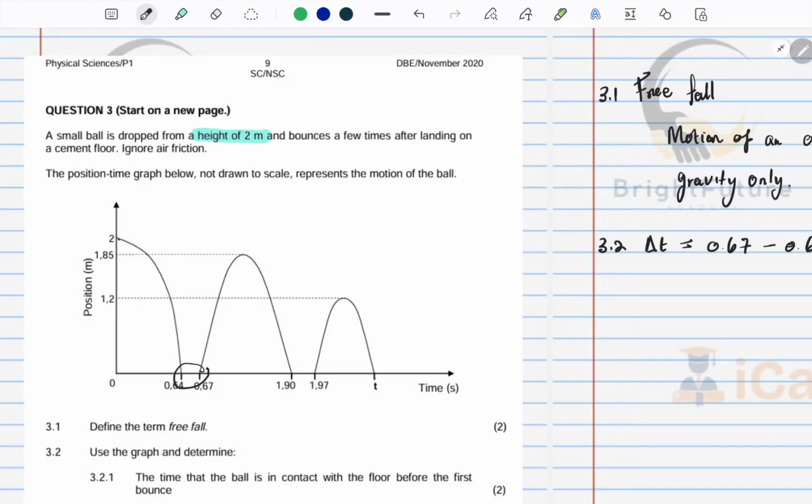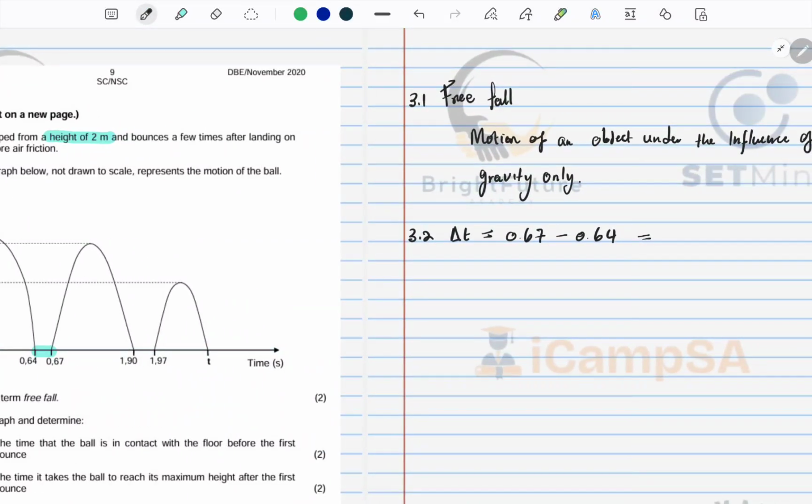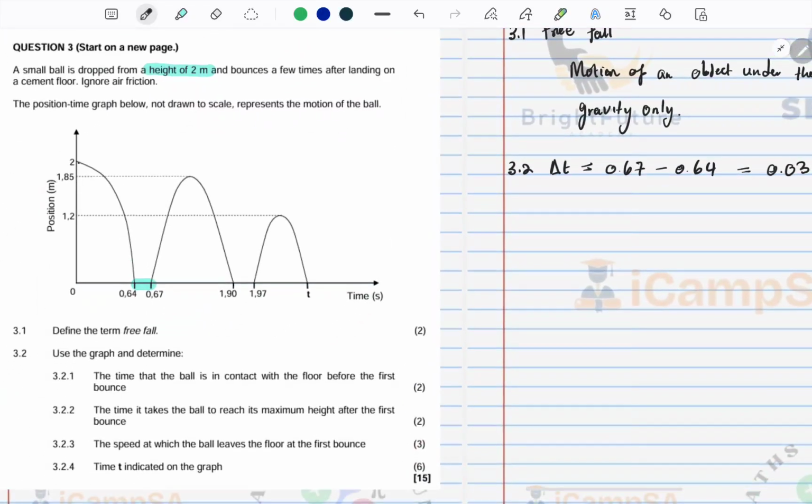That's the gap that is important. This is the contact time. So here you're going to have 0.03 seconds. This is free 2 marks for you.